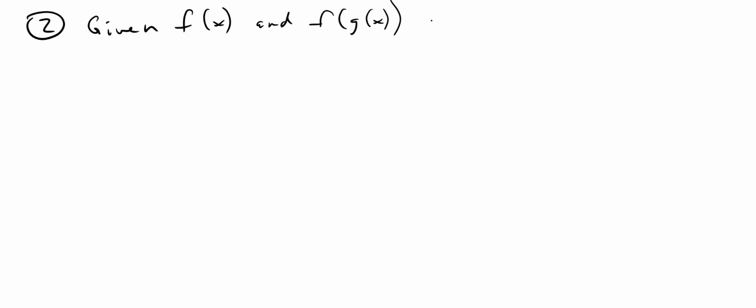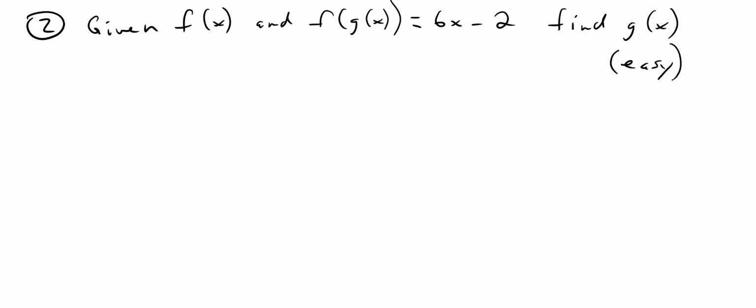Let's just give that to you right now. f of g of x is 6x minus 2, and I'm going to ask you to find g of x. This is actually the easy type of problem, it really is. So the question you're going to ask for this kind of problem is, what do you need?